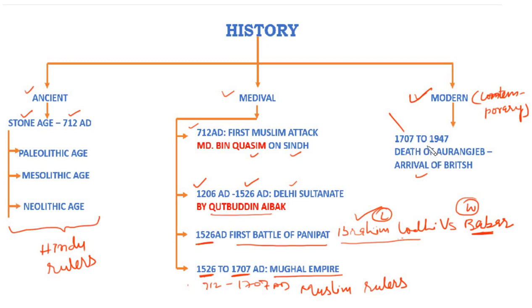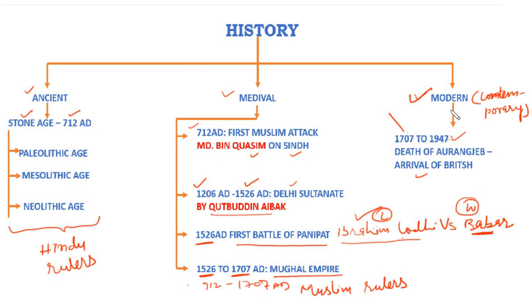All the kings after him were not strong, and they totally became servants of the British, right? So from 1900 up to 1947 we will learn.